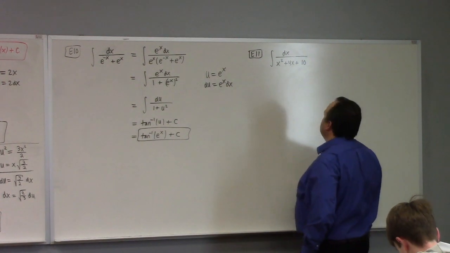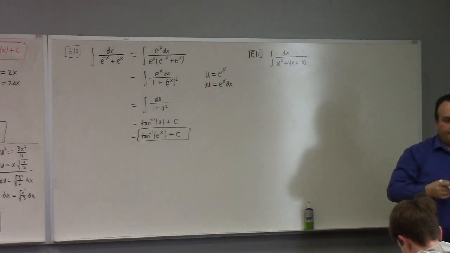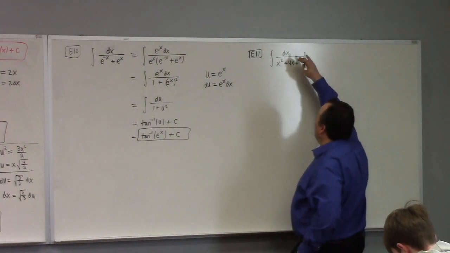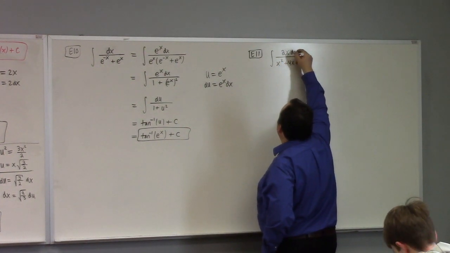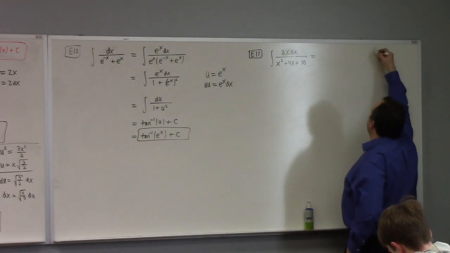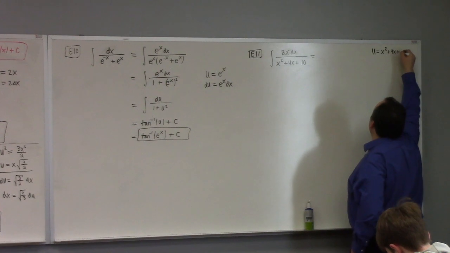All right. First of all, let me make us feel better about our day for a second here. Let me slap a 2x up here. Oh, yay! If the 2x is there, I just make u equal to x squared plus 4x plus 10.